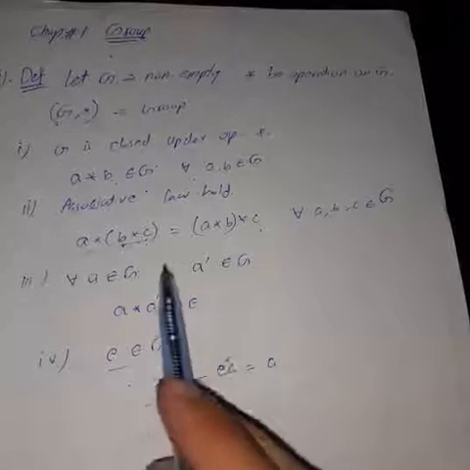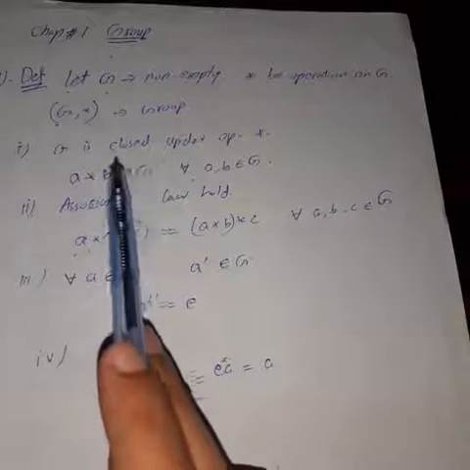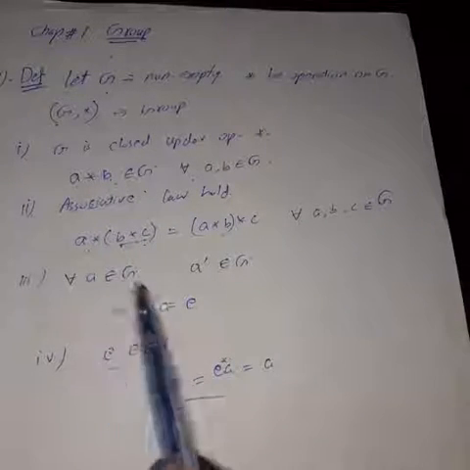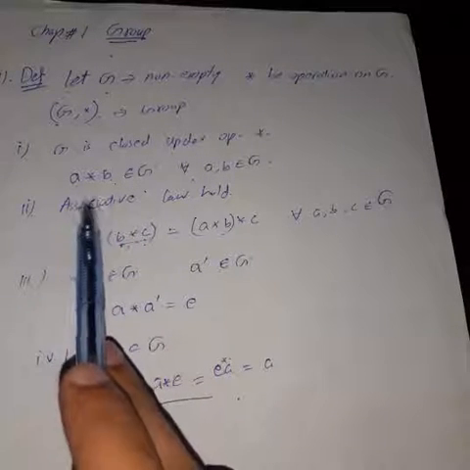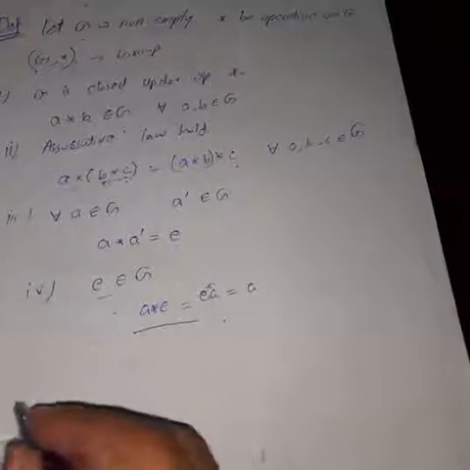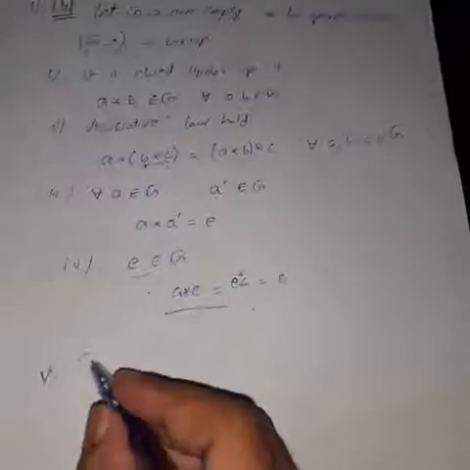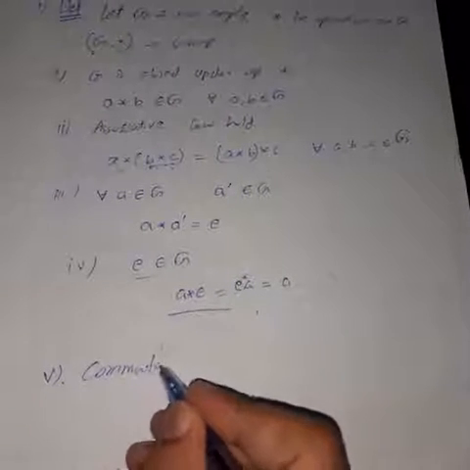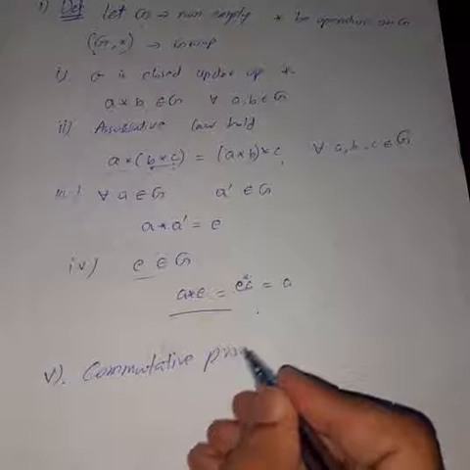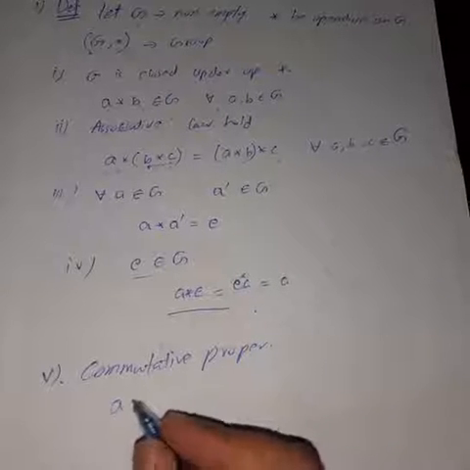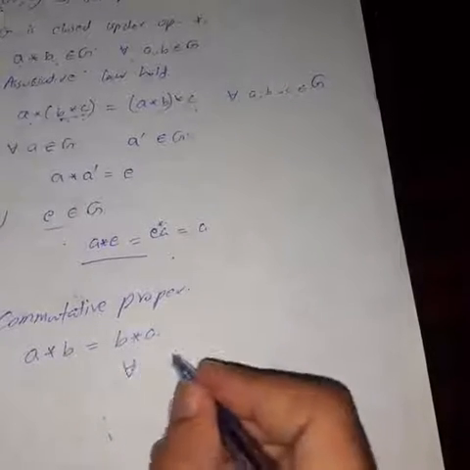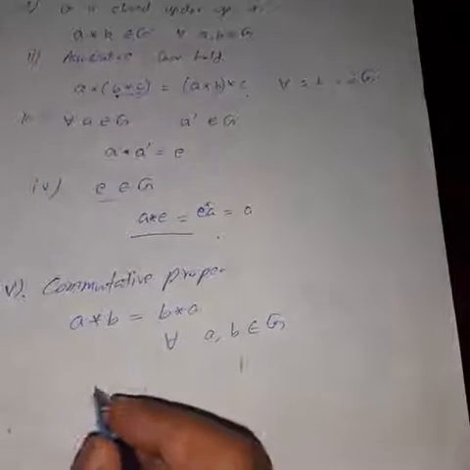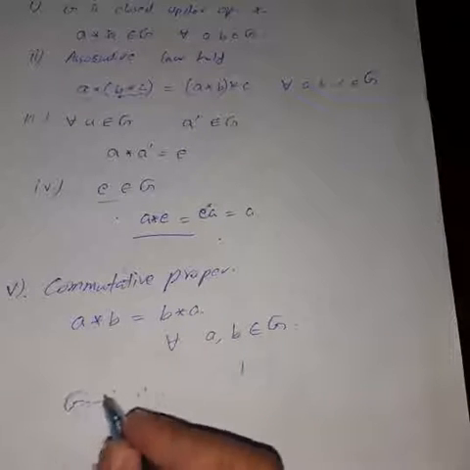Now if any set with the binary operation * fulfills these properties, then the set along with this binary operation is known as a group. And if it also satisfies the fifth property, known as the commutative property, that is, a * b equal to b * a for all a, b belong to G, then G is an abelian group.